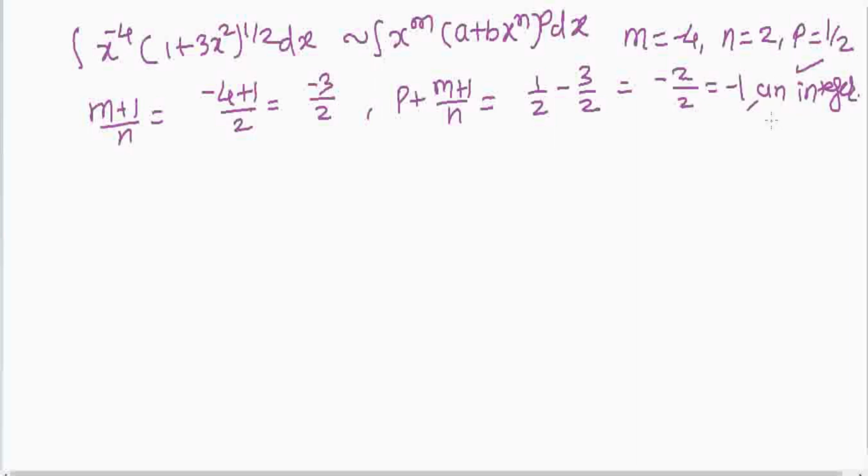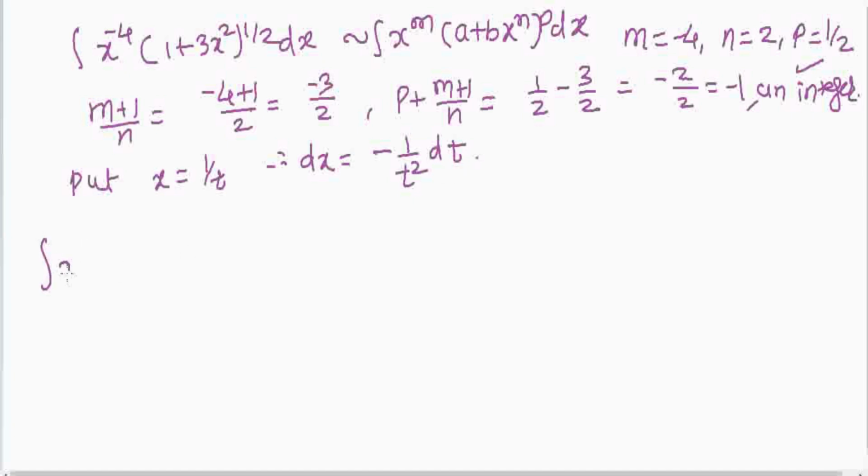Okay. Then in such a type of integration, let us put the substitution x equal to 1 divided by t. If x equal to 1 by t, therefore dx equal to minus 1 divided by t square into dt.